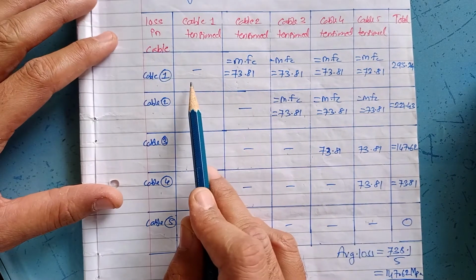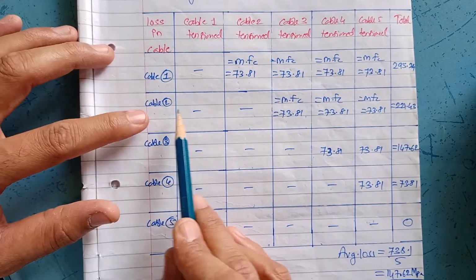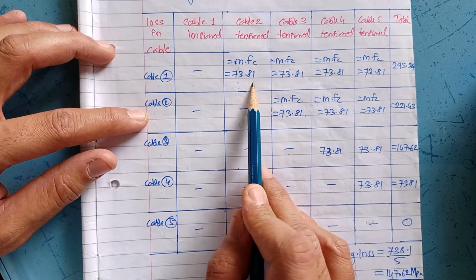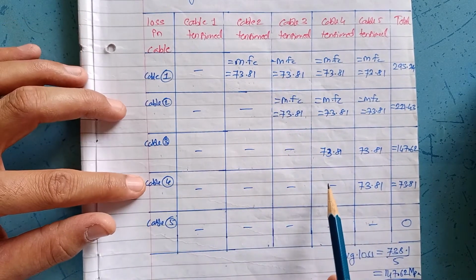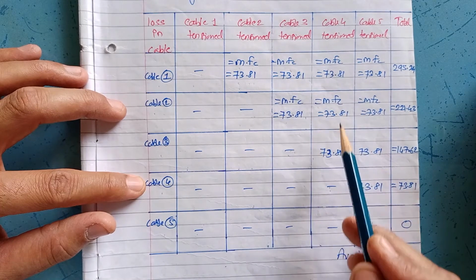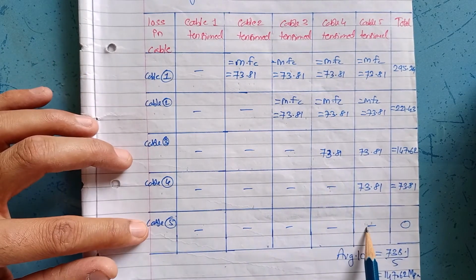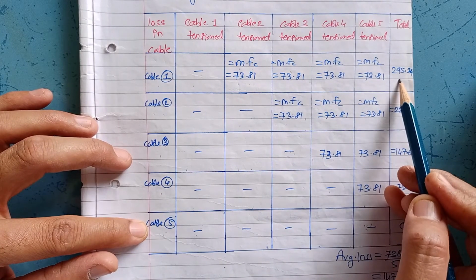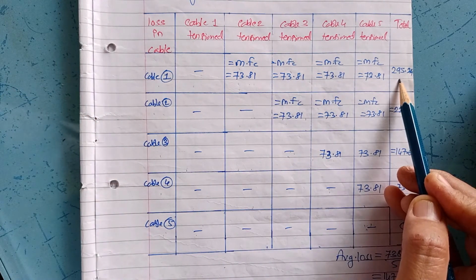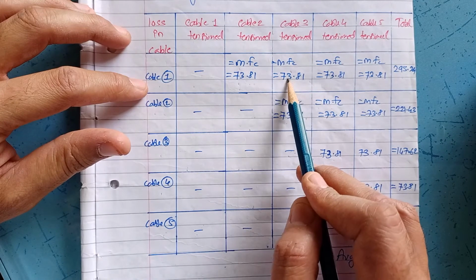When cable 1 was tensioned, there are no losses. When cable 2 is tensioned, loss in the first cable. When cable 3 is tensioned, loss in first and second cable. When cable 4 is tensioned, loss in first, second, third cable. And when cable 5 is tensioned, loss in first, second, third, fourth cable. Now here we are writing the total loss that occurred in the cable, that is loss in cable 2, 3, 4, 5.